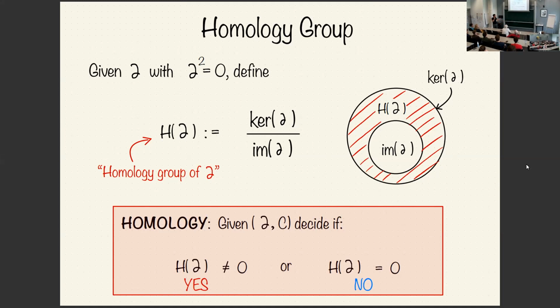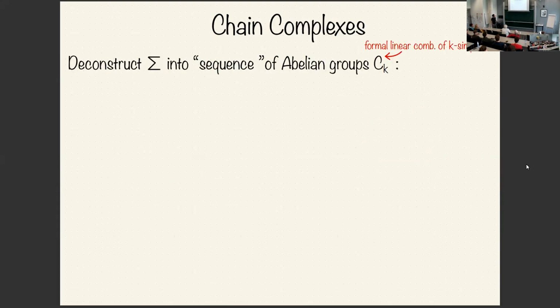If it's not trivial, that means that there are things which are holes because they're closed, but they're not the boundary of something else. And otherwise, no. To be a little more specific, the way this is all more formally defined is by considering the notion of a chain complex. You're given a simplicial complex sigma, and you break it down into a collection of abelian groups.